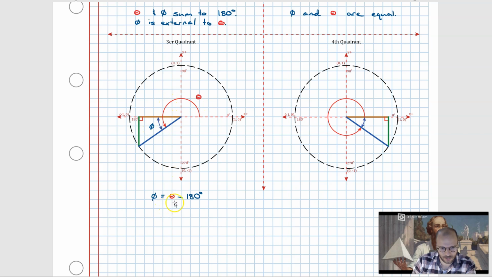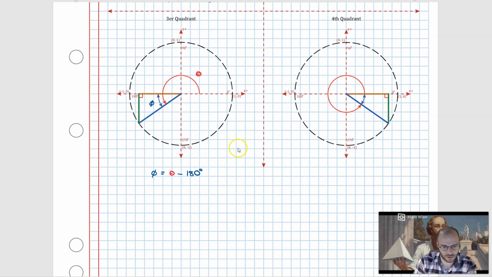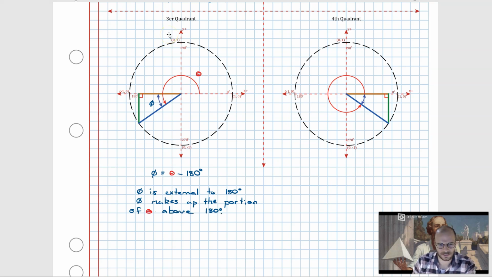So phi is equal to theta minus 180 degrees. So phi is external to 180 degrees, and similarly phi makes up the portion of theta above 180 degrees. Alright, so that's the third quadrant.